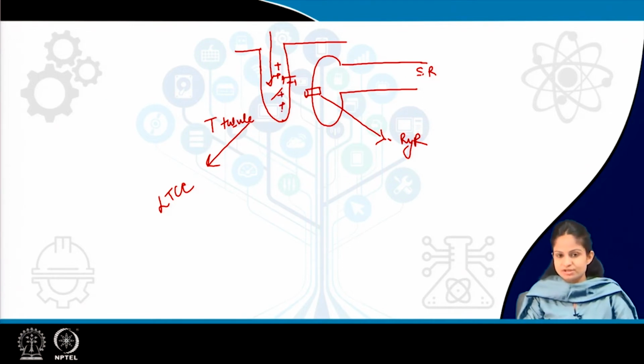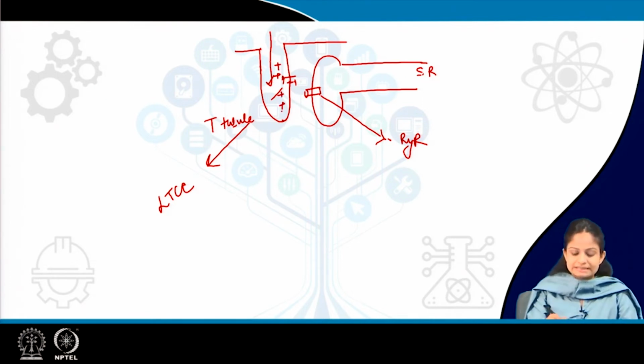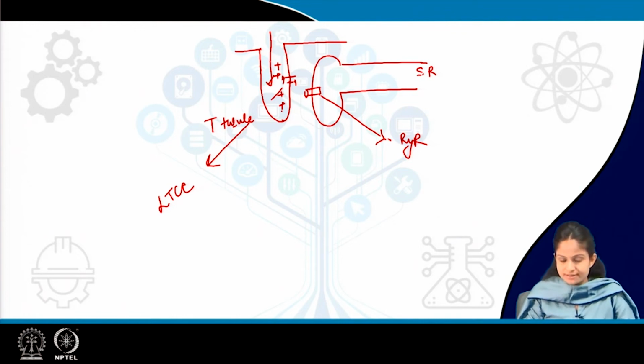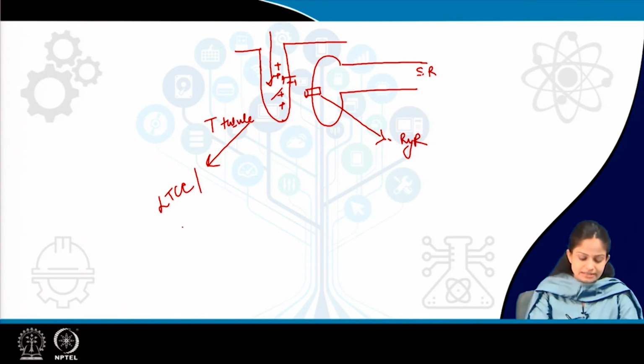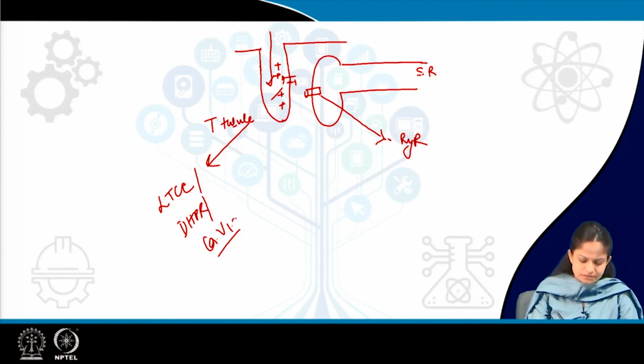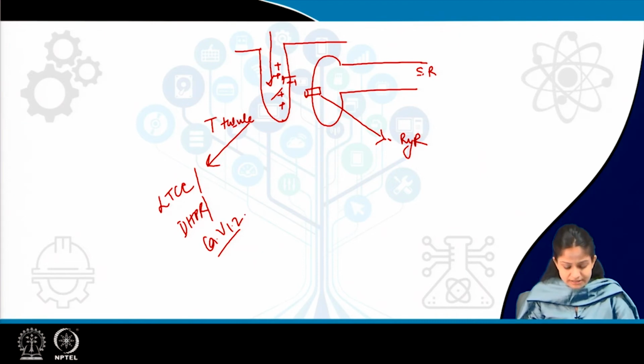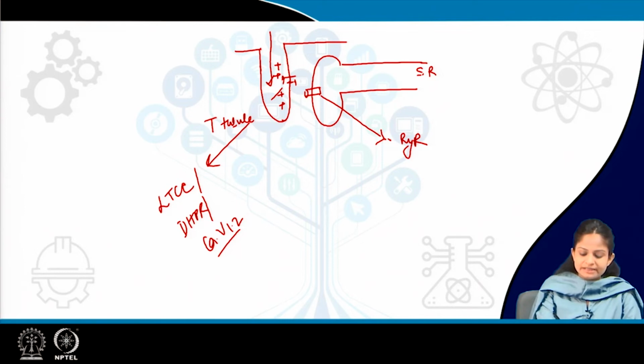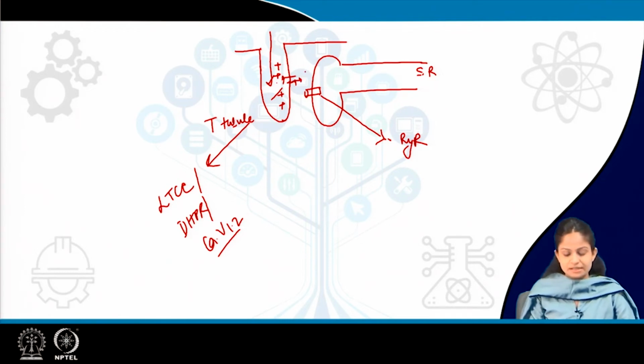So, these more positive charges will cause the L type of calcium channels, otherwise known as DHPR, which are nothing but the voltage gated calcium channels, to open, and there will be influx of calcium. Now, this influx of calcium is occurring from extracellular to inside the T tubules.